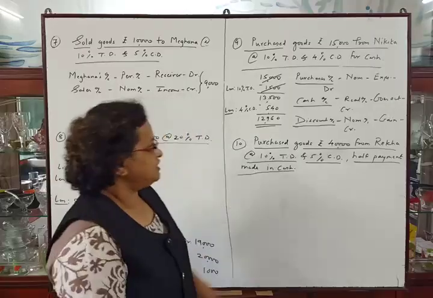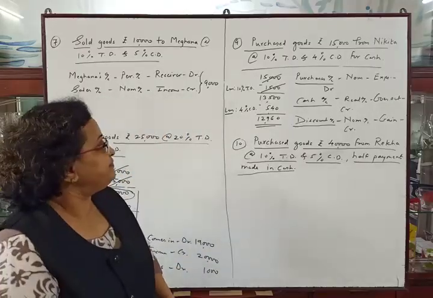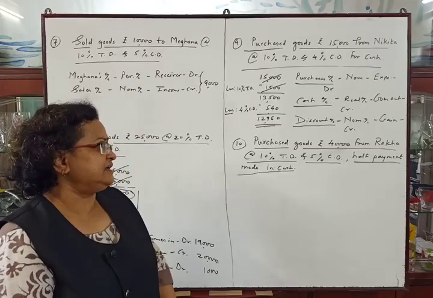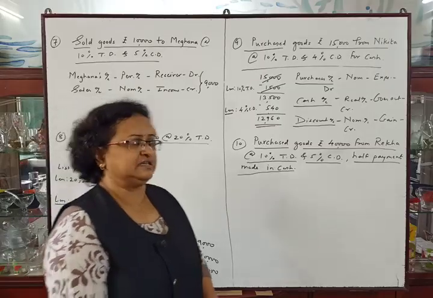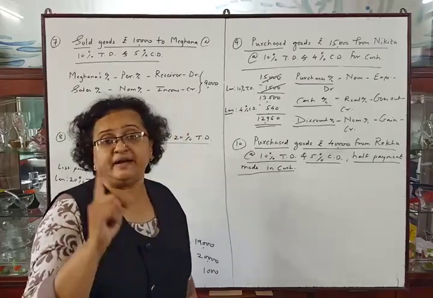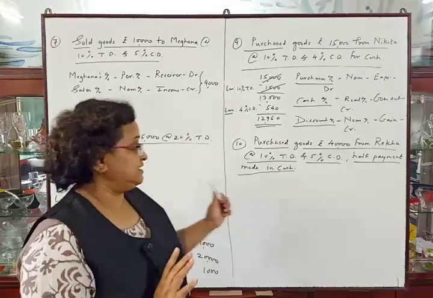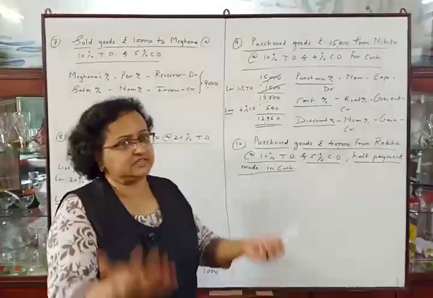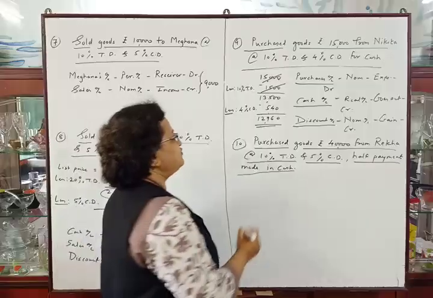ओके, नाउ द लास्ट, today's last entry. Purchase goods rupees 40,000 from Rekha at 10% trade discount and 5% cash discount. Half payment made in cash. See, this is an interesting transaction. We are purchasing goods from Rekha worth rupees 40,000.